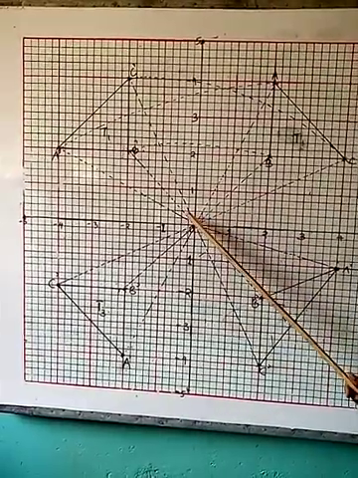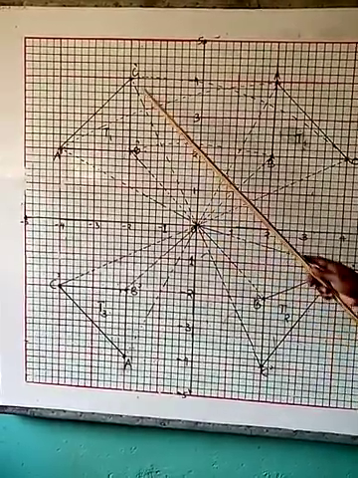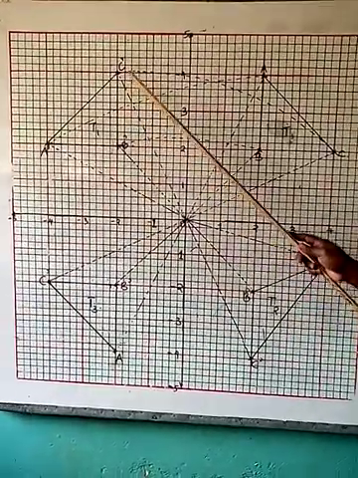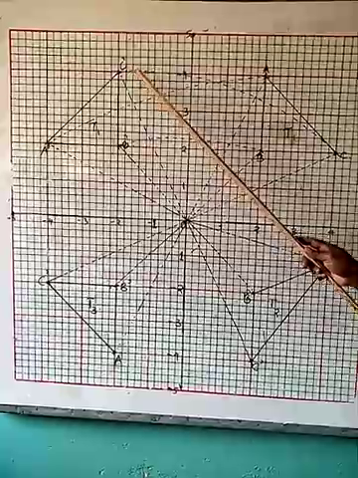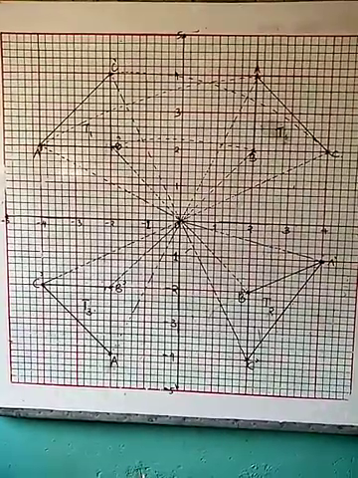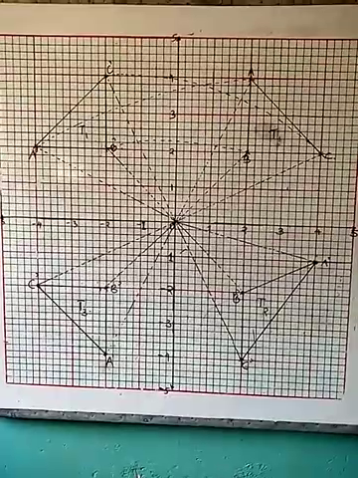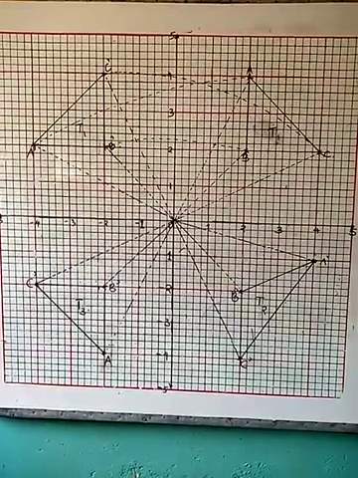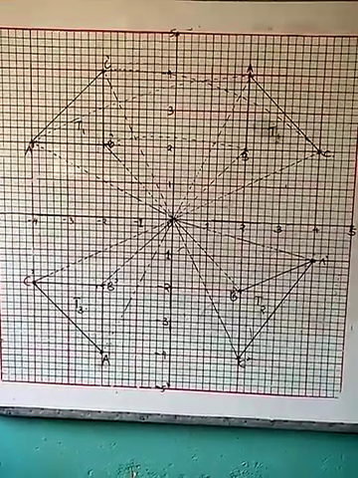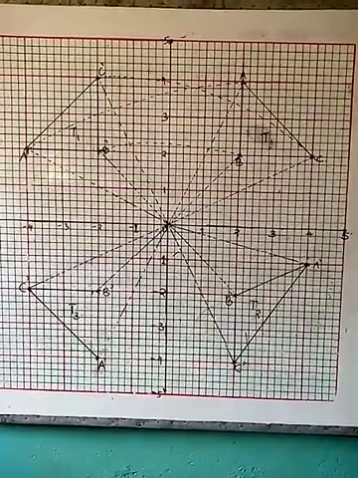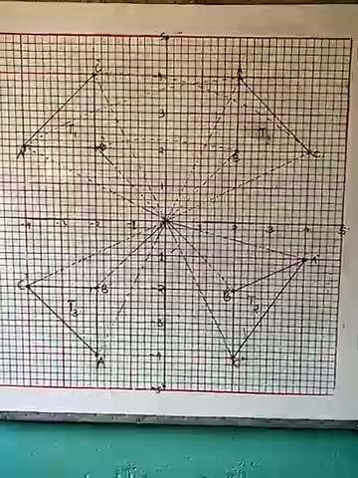Then you'll find that C prime is at (-2, 4), which is the image of C. So that is how it is done.